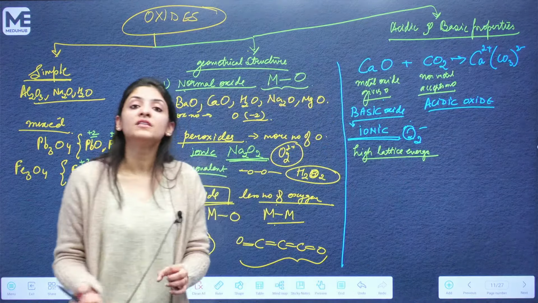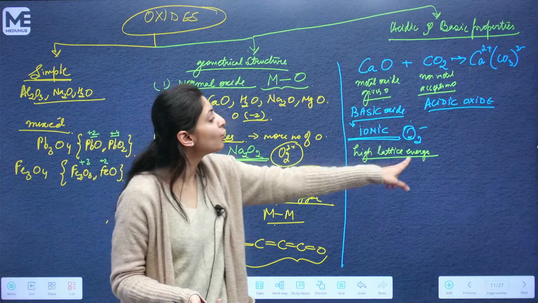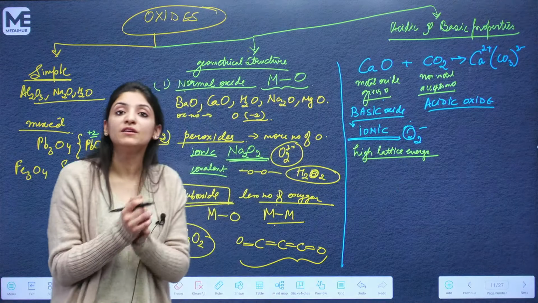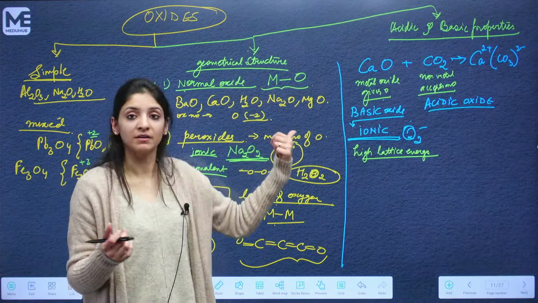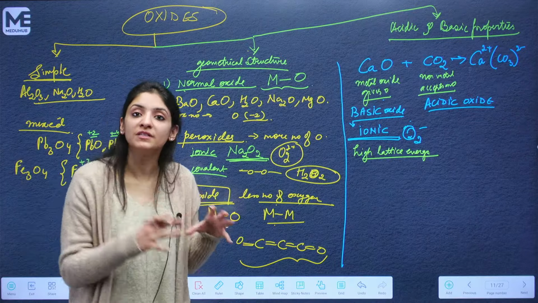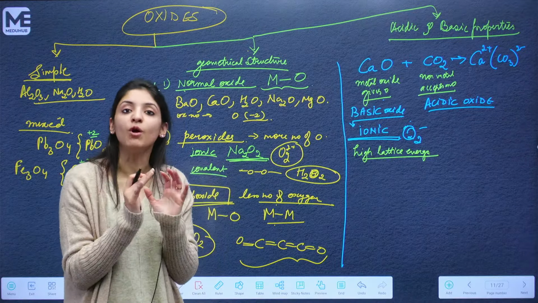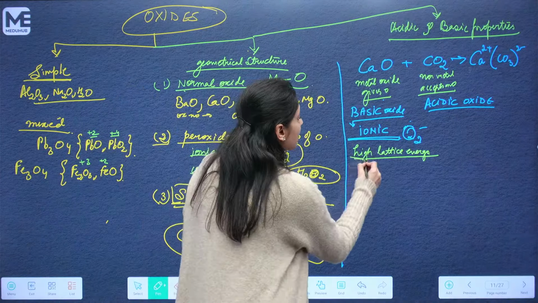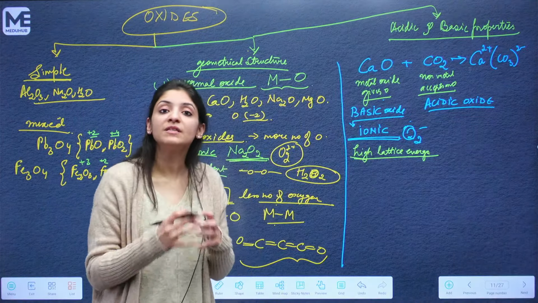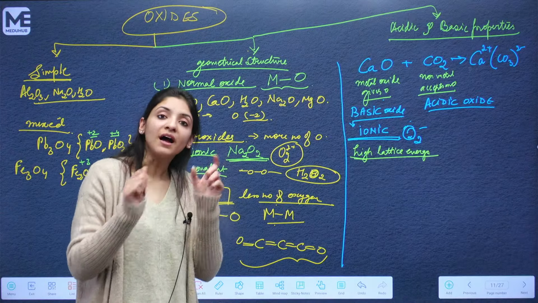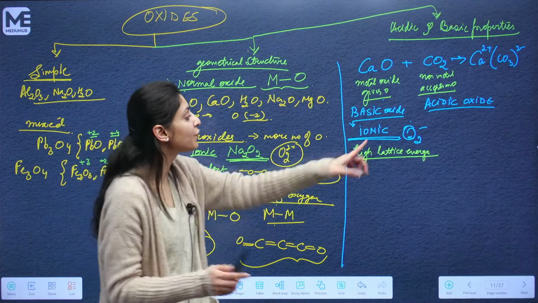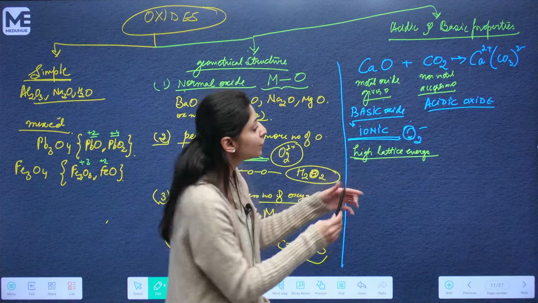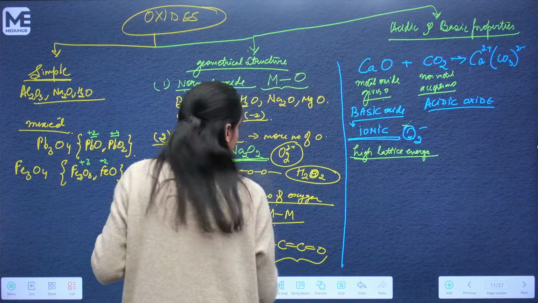Because a lot of energy is required for the formation of O2-, we need some energy that compensates for this. Since initially a lot of energy is required, once the ionic compound is formed, a lot of energy is produced if the compound has a high lattice energy. That high lattice energy compensates for the energy required for the production of O2-.